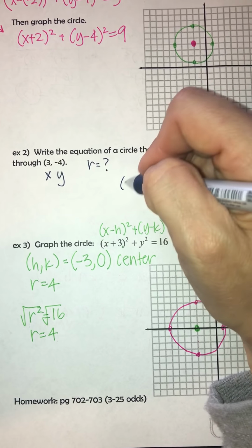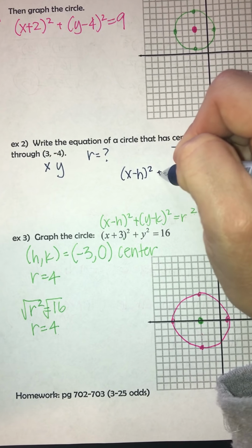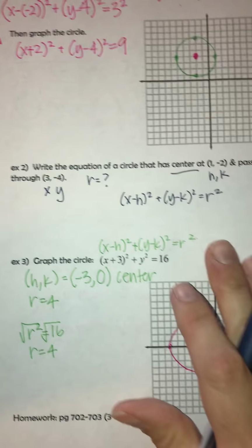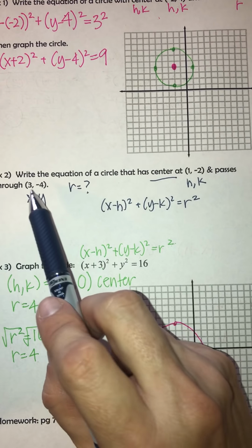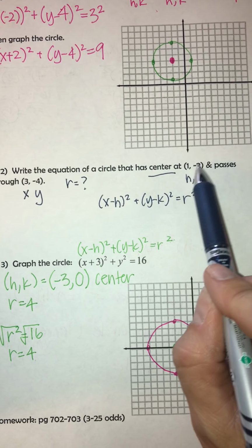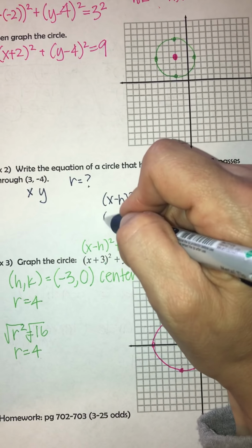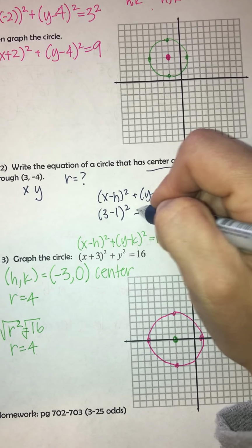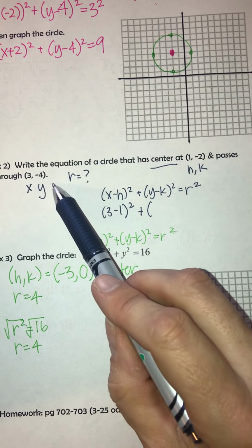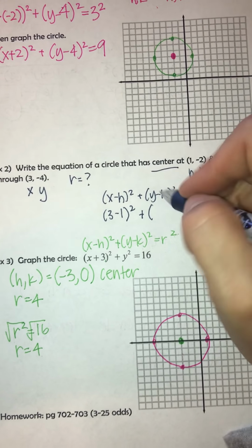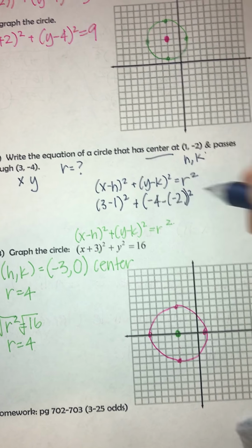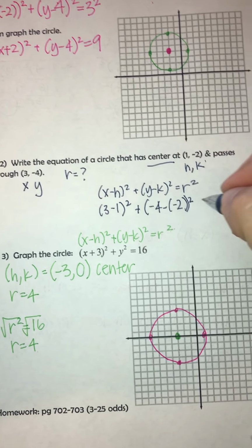So my formula for a circle is x minus h squared plus y minus k squared equals r squared. So I'm going to put all this information in. So x is 3, h is 1. 3 minus 1 squared plus y is negative 4, k is negative 2. Now notice I'm subtracting a negative, so I'm going to be careful with my parentheses there.